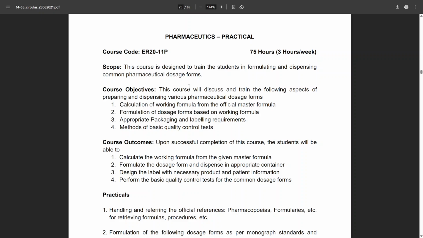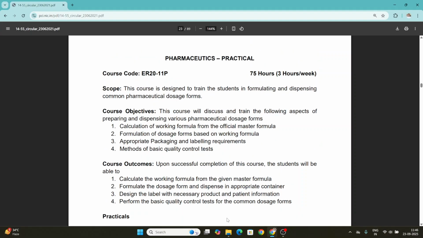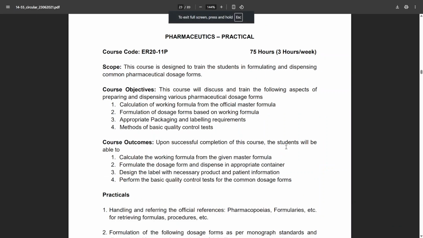Course objective. This course will discuss and train the following aspects of preparing and dispensing the various pharmaceutical dosage forms. 1.